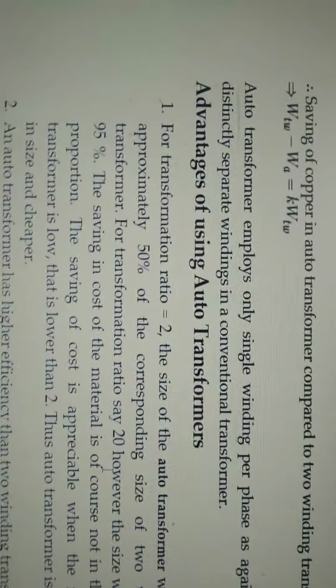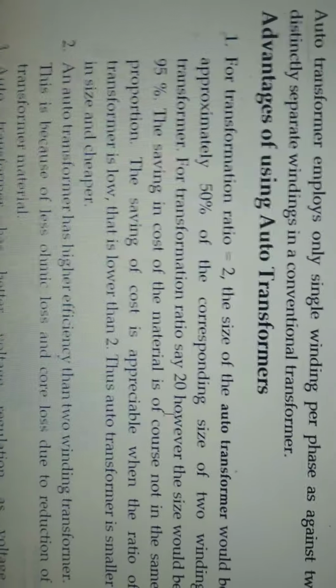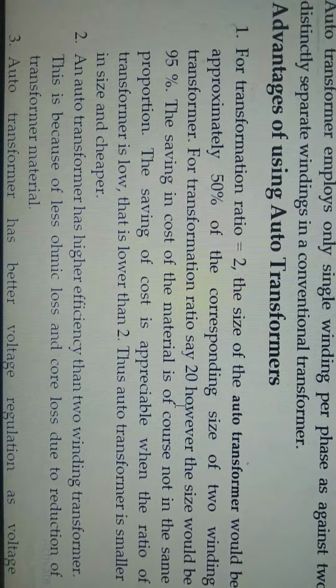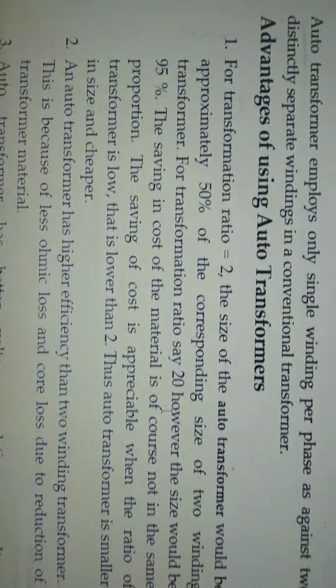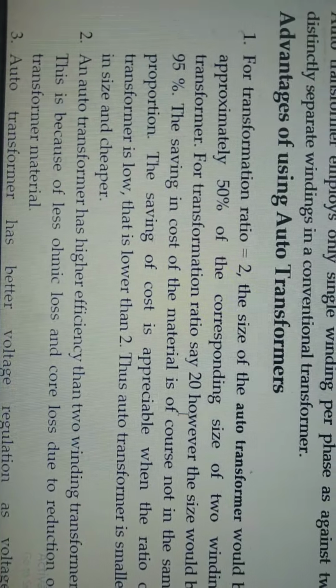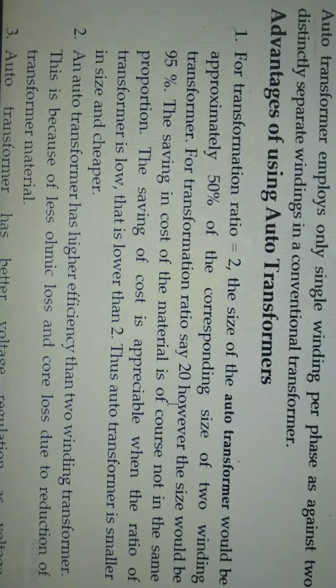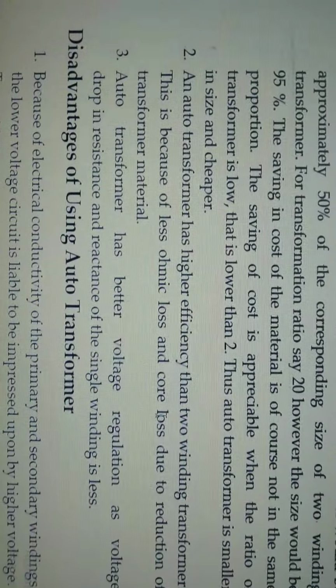See some advantages of using the auto transformer. The size of the auto transformer is 50% of the corresponding two winding transformer. When you use the auto transformer compared with the two winding transformer, its size reduces to 50%.